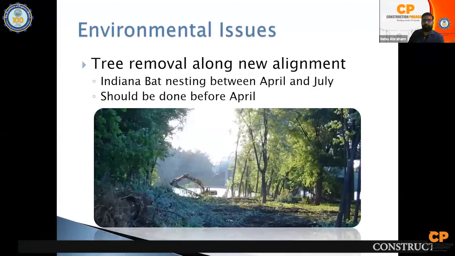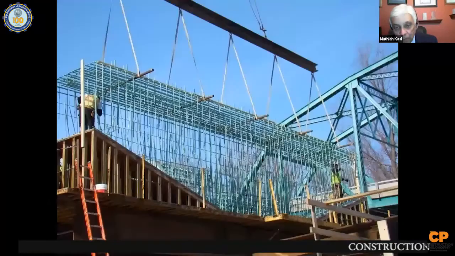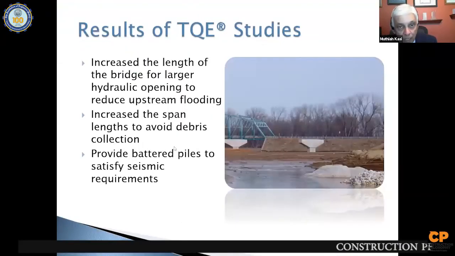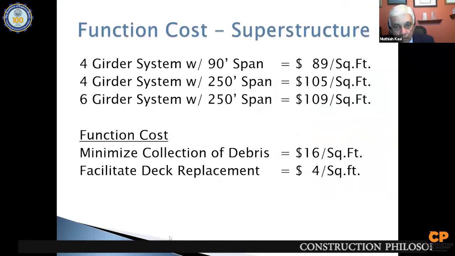I couldn't find it. But anyway, to give you a point of how value analysis could be used in different things, we looked at a different span, and we said, okay, if I have a 90-foot span, cost is $80 per square foot, 250, 105. The difference between the two is for the function minimize collection of debris.